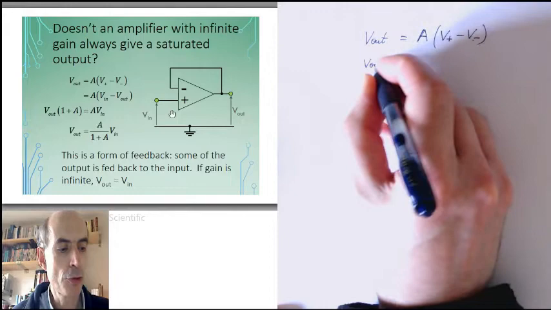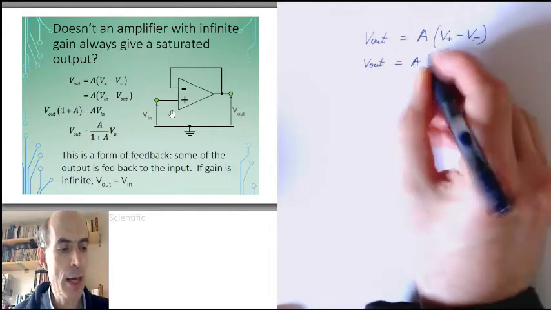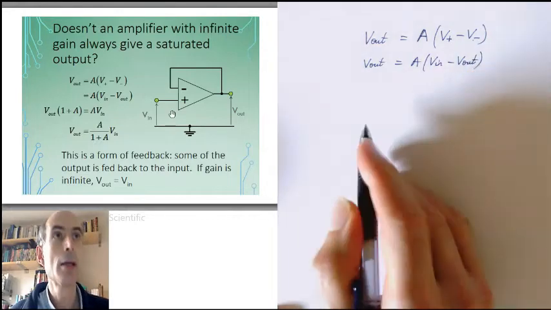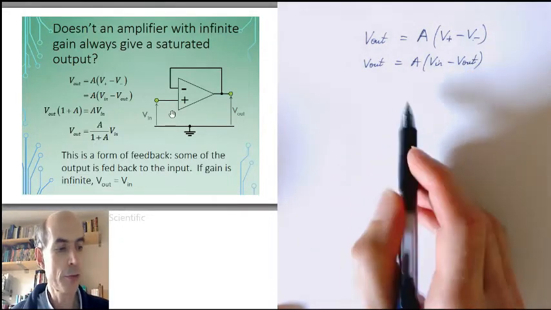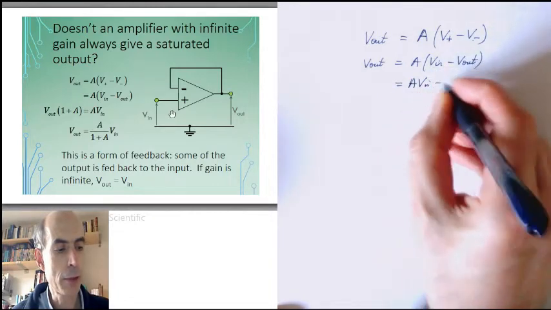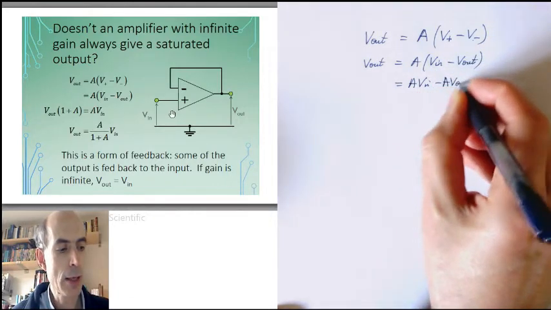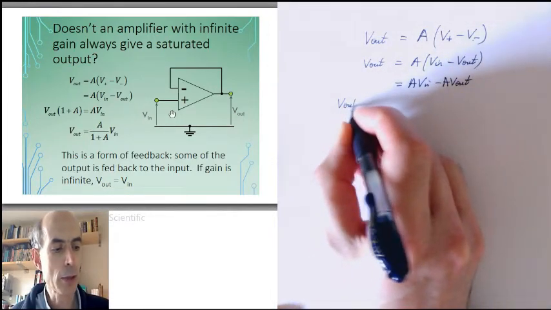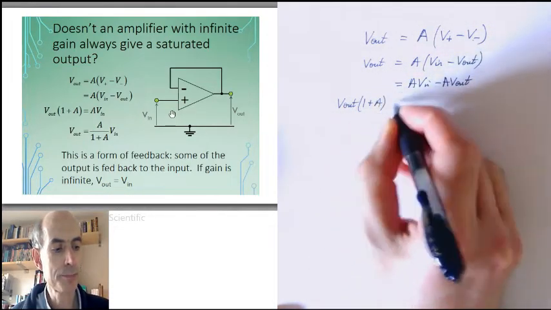So that produces this expression, A times (Vin minus Vout). If I do a bit of algebra on this, first multiply out this bracket, A Vin minus A Vout, and collect terms in Vout on the left-hand side, I will get this.